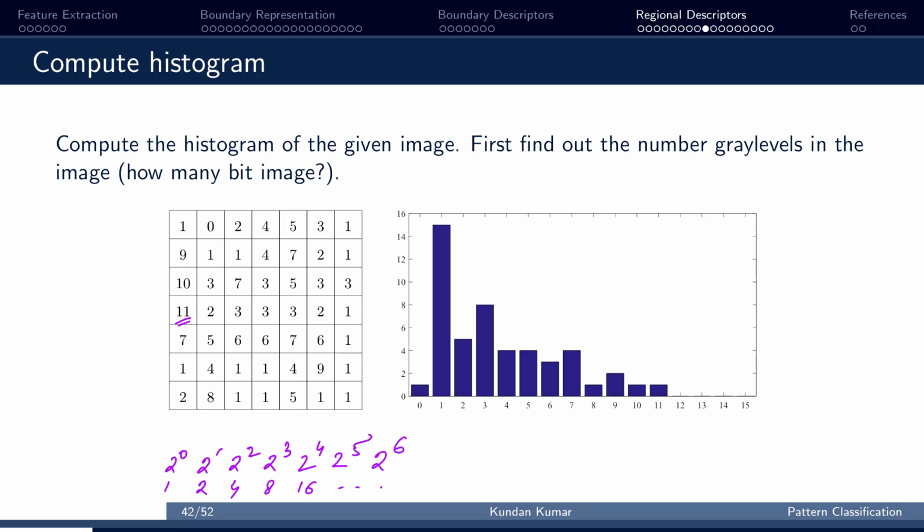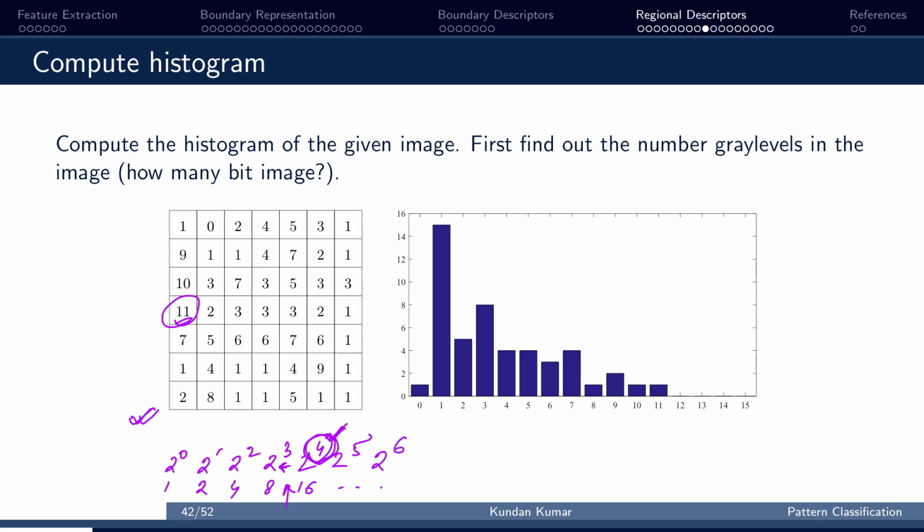Okay, so see, this 11 is in this range. So we cannot choose the lesser number of bits. Definitely we have to consider the next higher bit. So we can consider here that this image is a 4-bit image.